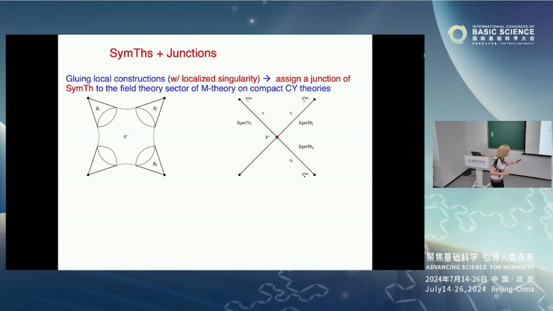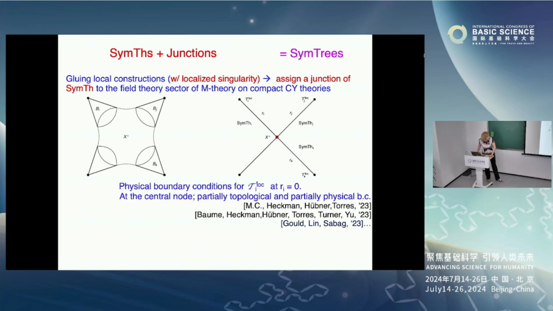So these boundary conditions are typically not completely topological, but the interpretation of these underlying symmetry theories together with these junctions is what was referred to as symmetry trees. And that's the simplest example of that type when we only are dealing with isolated singularities in non-compact cases.